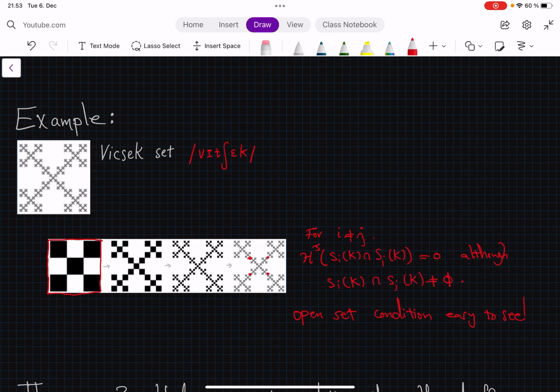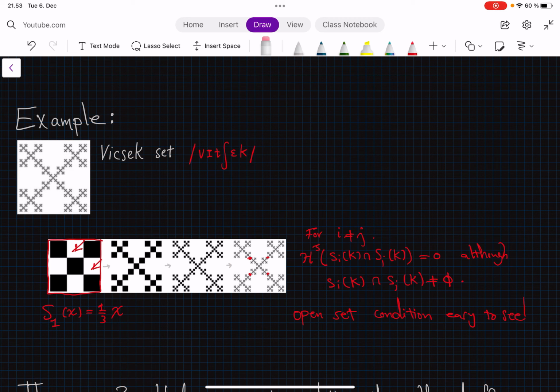So what is a self-similar construction through similitudes here? The first similitude, S1, will be just multiplication by 1/3. Notice that the scaling factor is not the volume or area, which will be 1/9.